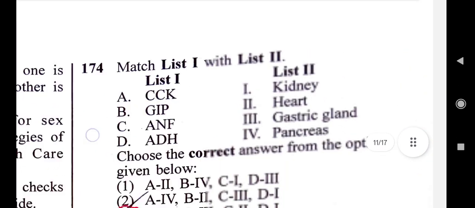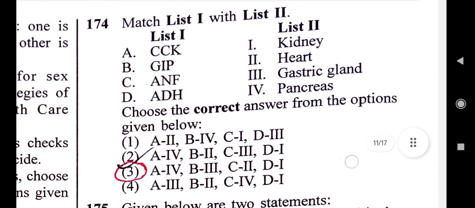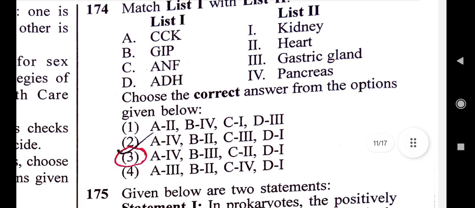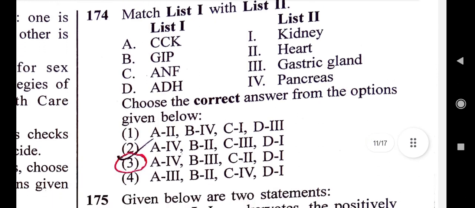Let's see question number 174. You have to match from left side to right side. Match list 1 with list 2. Option 3 is the correct option. A, CCK is matching with 4, pancreas.